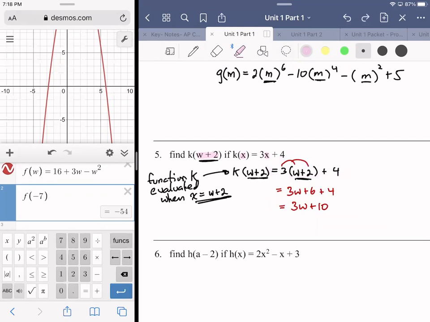So the next one, h of a minus 2, if h of x is equal to that trinomial, 2x squared minus x plus 3. So I'm going to rewrite.